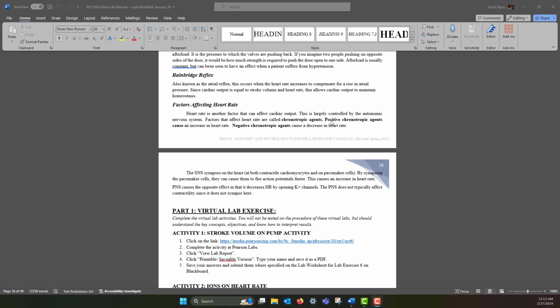A positive chronotropic agent causes the heart to beat faster. A negative chronotropic agent causes the heart to beat slower. So let's talk about calcium again. Calcium increases heart rate. So calcium is a positive chronotropic agent.